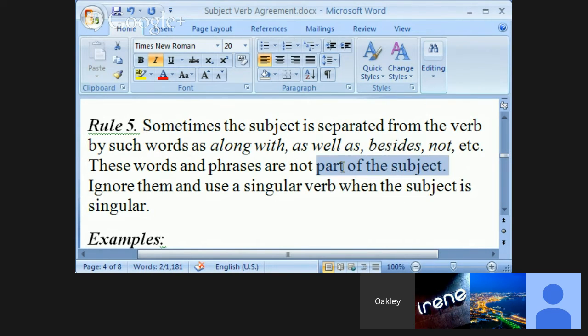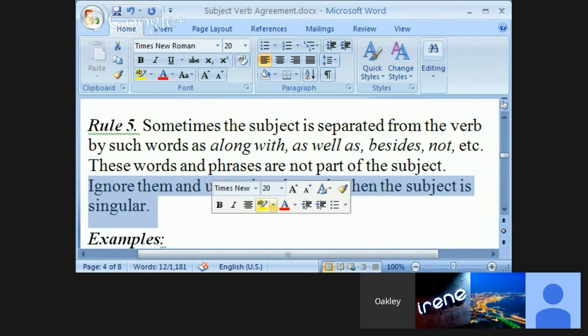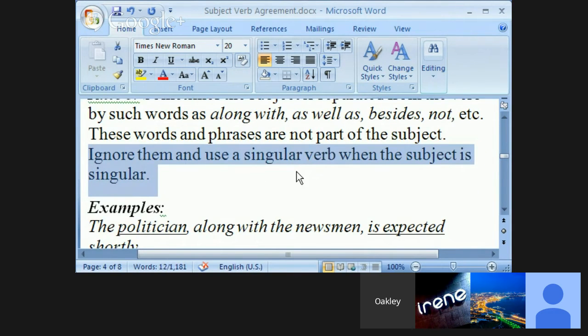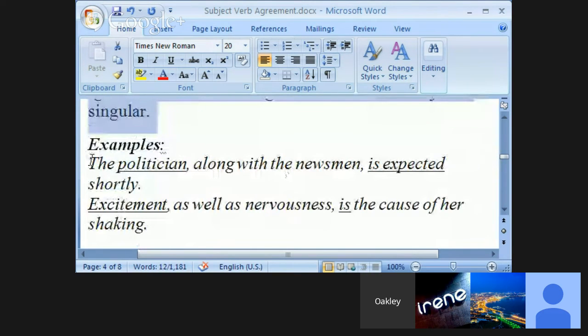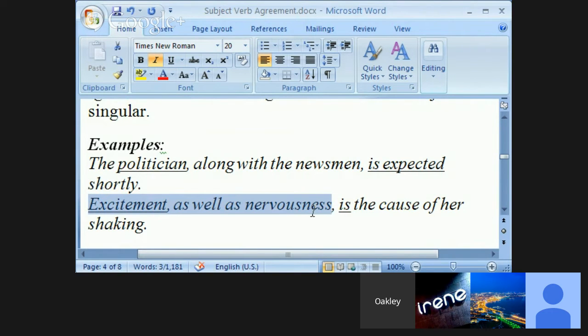They are not considered part of the subject. Just ignore them and use a singular verb when the subject is singular. For example, the politician, along with the newsman, is expected shortly. Okay. Excitement, as well as nervousness, is the cause of her shaking.